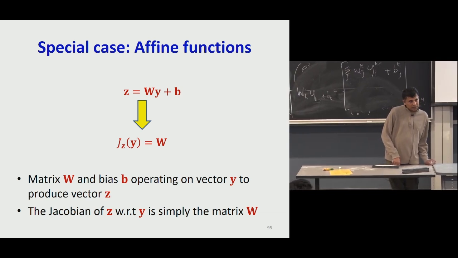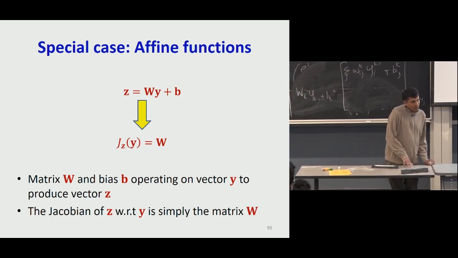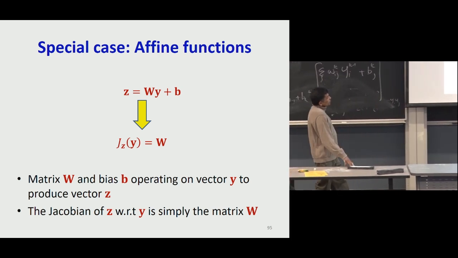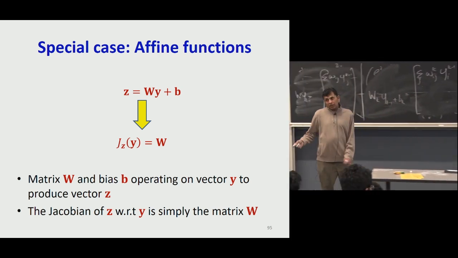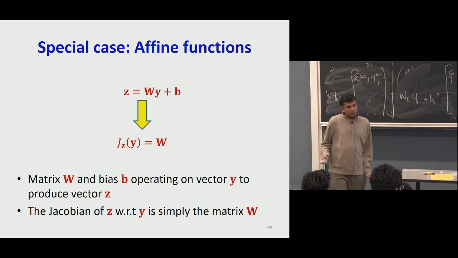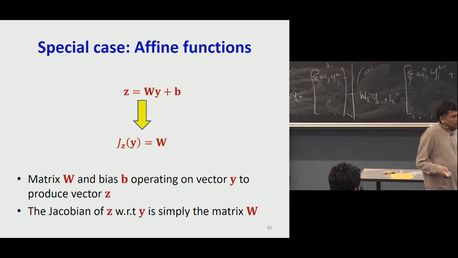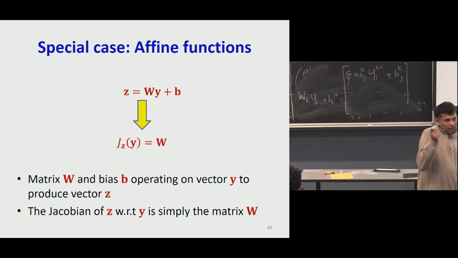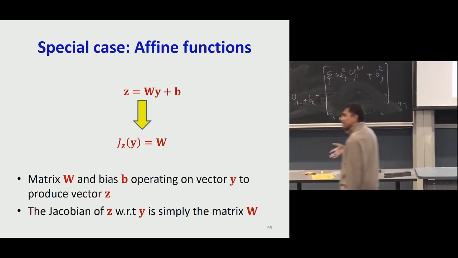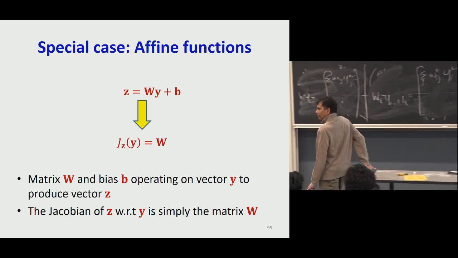So delta z is going to be this Jacobian times delta y, right? What is the Jacobian of z with respect to b over here? Anyone? It's just the identity matrix. An incremental change in b is going to result in the exact same incremental change in z, right?